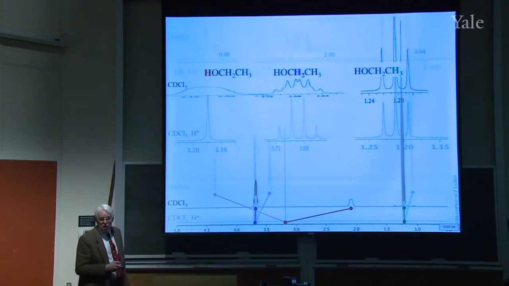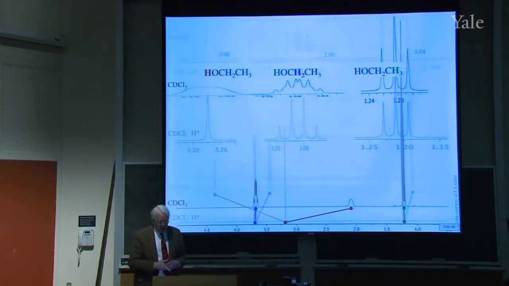Now let's look at the integrals, right? Okay, so within experimental error, it's 1 to 2 to 3, right? It's 0.96 to 2 to 3.04 in DMSO, okay? In CDCl3, it's 1.00 to 2.00 to 3.05, again, within experimental error, 1, 2, 3.